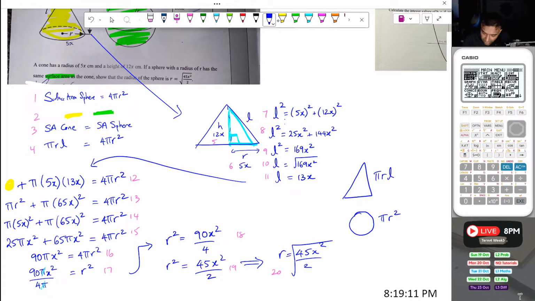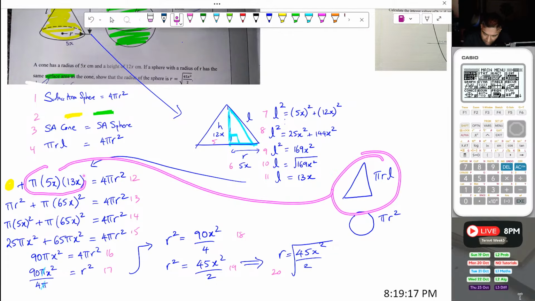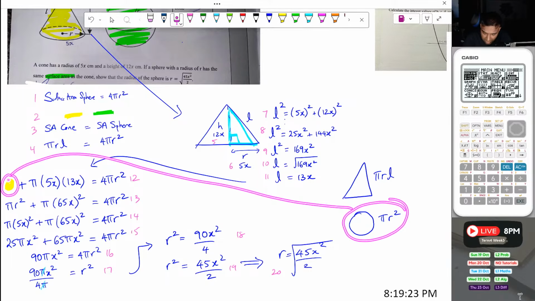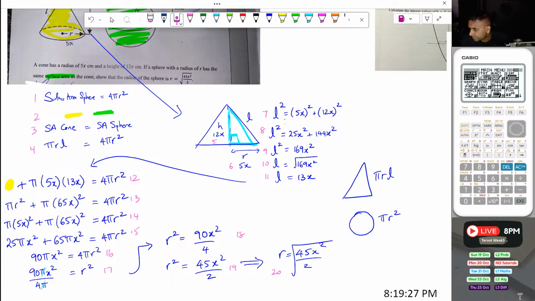So the pi rl is the curved part. Then you've got the bottom part, which is the circle, pi r squared, and it keeps going like that. So at the end, hopefully that made sense. Then it's just a little bit of algebra.